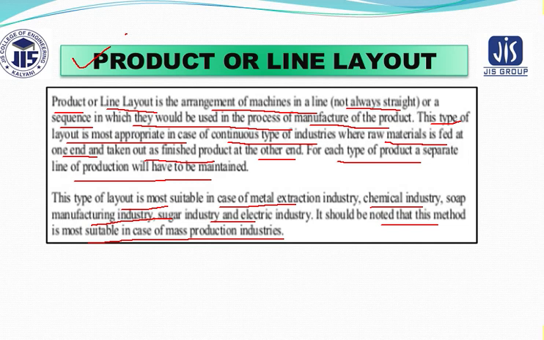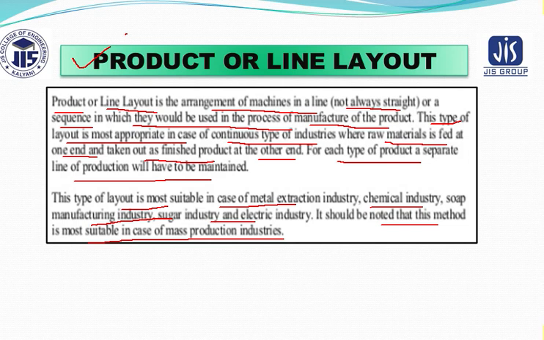Mass production industry always tries to provide one type of product, meaning the variety of production will be low, but the production quantity will be high. For mass production, the production per year is from nearly 10 lakhs to a million. Because the variety is less, you are just generating the same type of product in a larger quantity, so it is termed as mass production.